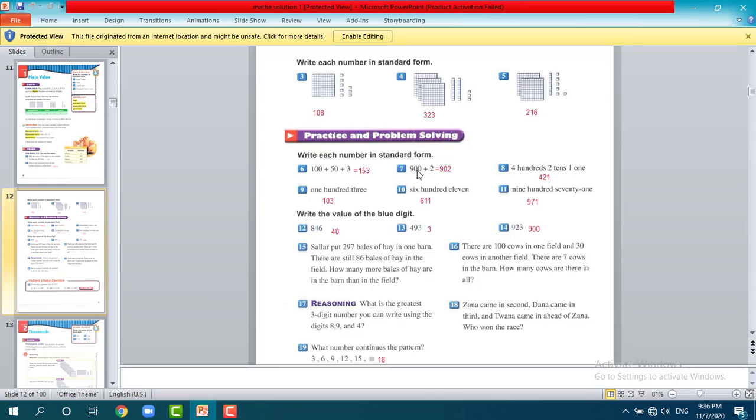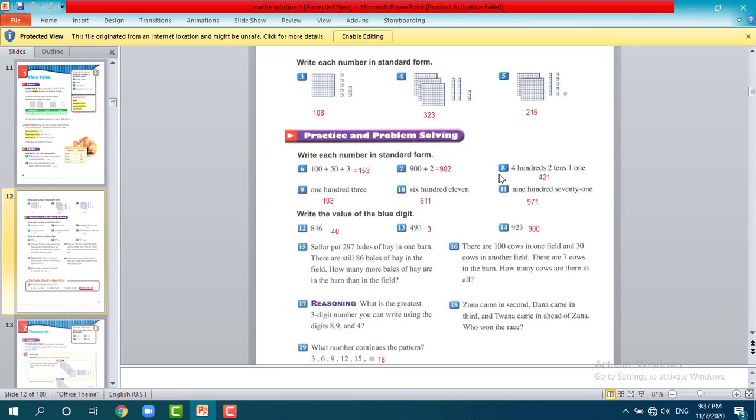We have 0 in tens, and we don't have any tens in here, so we write 0 in the tens like itself. After that, we have 9 in the hundreds, so we write 9 in the hundreds like itself. Now students, we wrote 902.